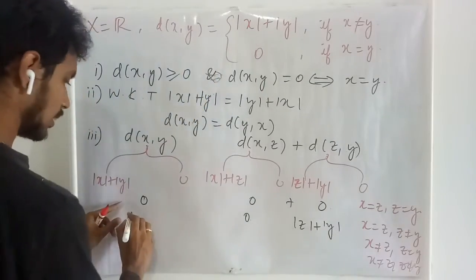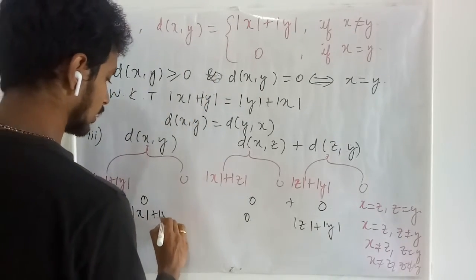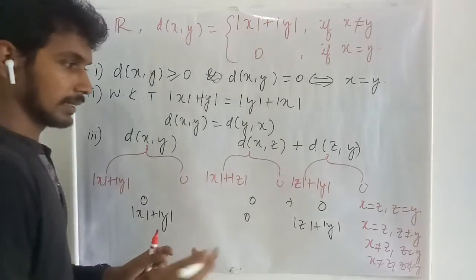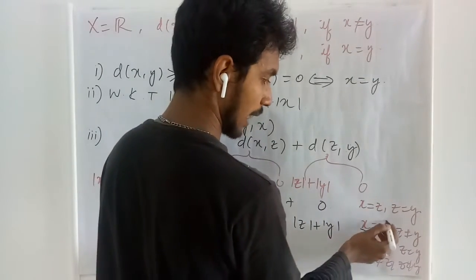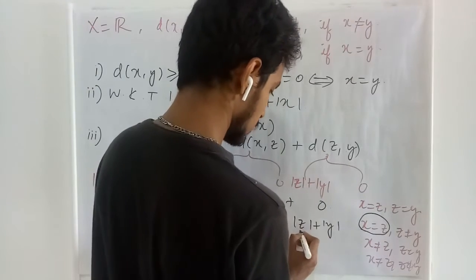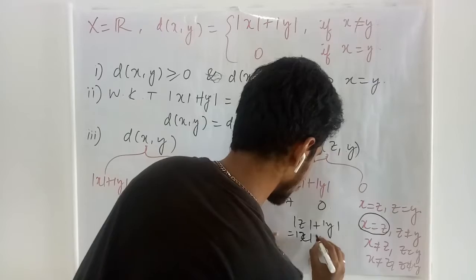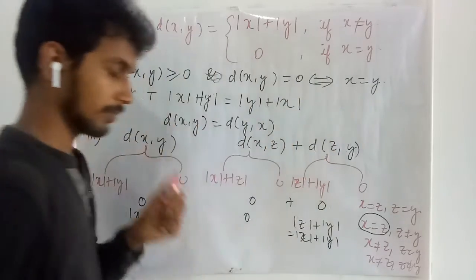From this, we can come to the conclusion that here we will have absolute of x plus absolute of y. But here it is assumed x and z are the same, which means this is nothing but absolute of x plus absolute of y.